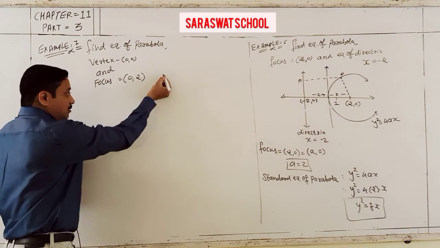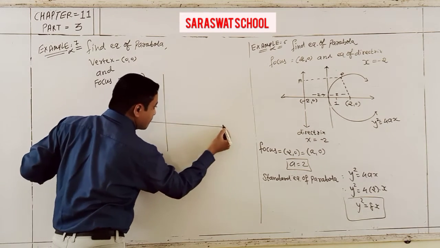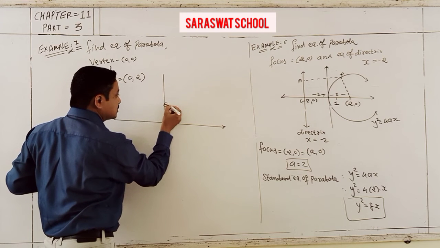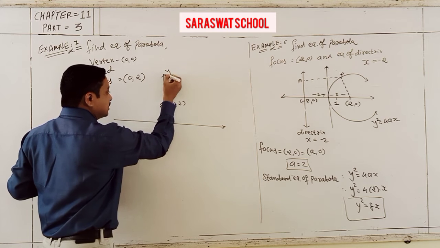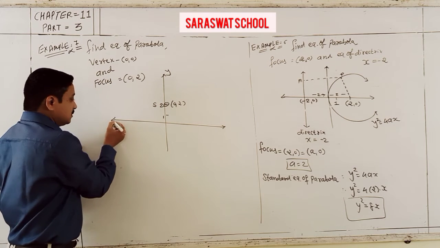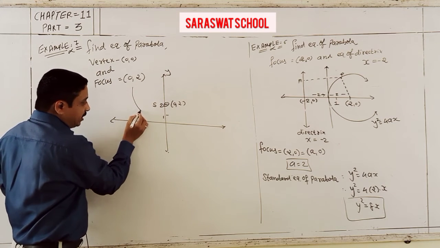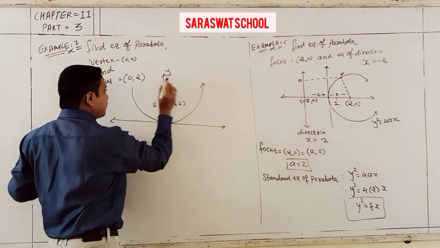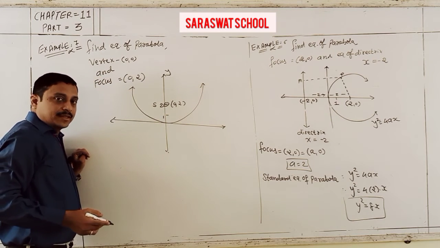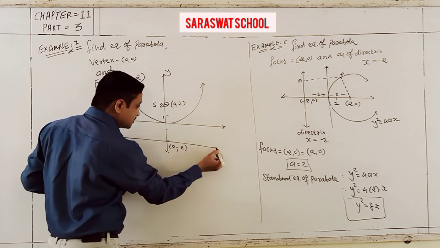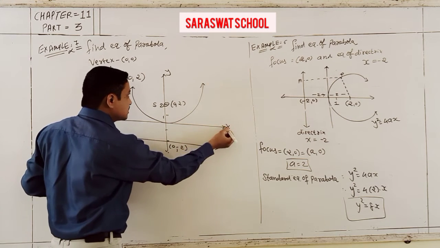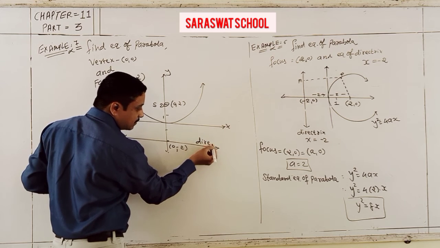So we will cover our drawing in this way. Here 1, here 2. Those are your points, 0, 2 on the y-axis, and here the focus is given. So definitely your parabola is moving that side. Exactly, cover here 0, minus 2, your directrix, parallel to the x-axis.